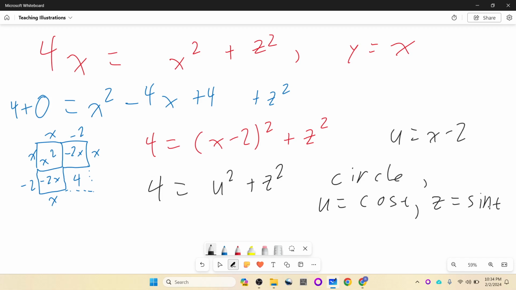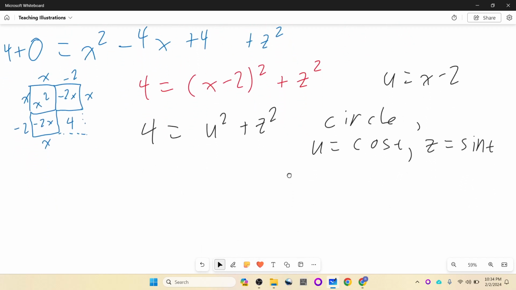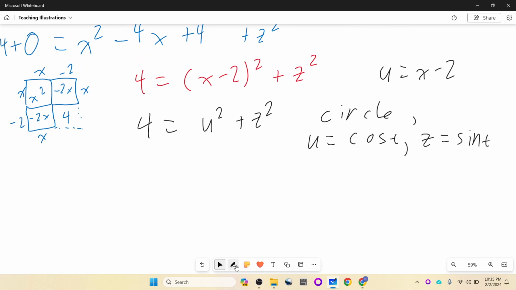I know earlier I said x is cosine and y is sine, but there's nothing sacred about x and y. Whenever you have something squared plus something else squared equals a constant, that's a circle in some sense. Now we need to sub back in. u equals cosine of t, but u is also x minus 2.